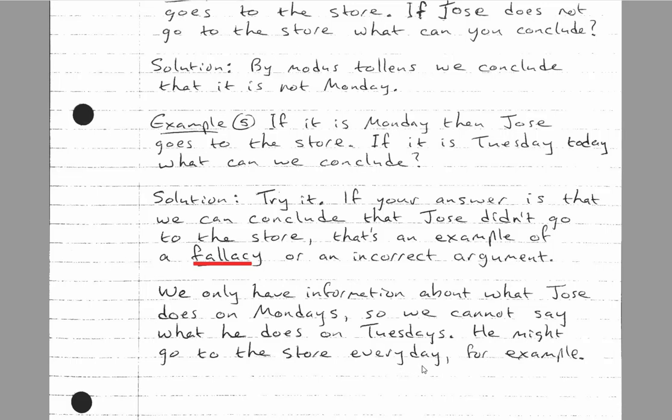He might go to the store every day. He might go to the store just on Mondays and Tuesdays. So our implication is only telling us about Mondays. They're called fallacies, but you just have to be careful using the logic correctly.